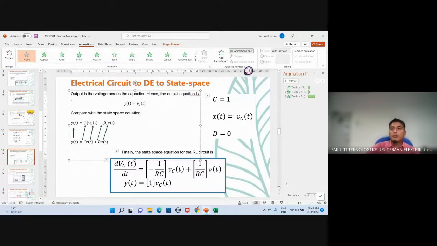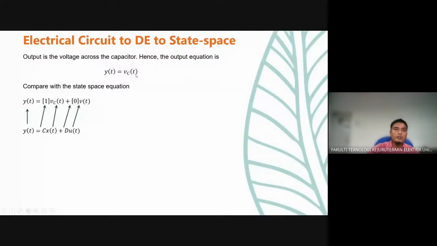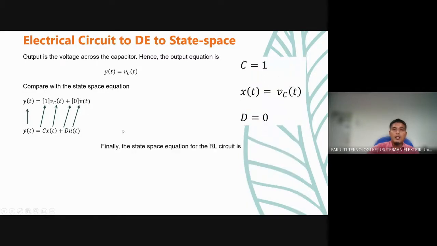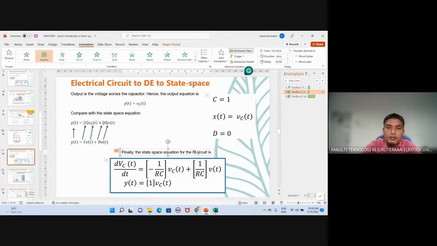So we have the equation y(t) equal to Vct. We need to compare with the state space equation y(t) equal to Cx(t) plus Du(t). Finally we get our state space equation for the RC circuit.